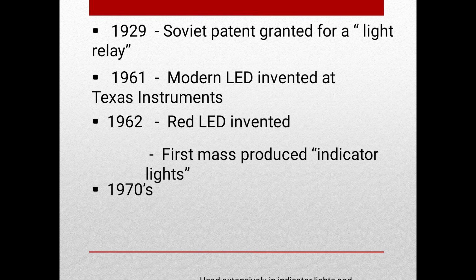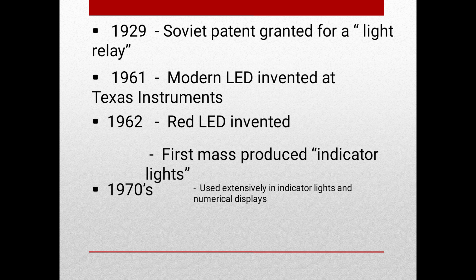After that, in the 1970s, it was used in vertical displays. We see it in traffic light indicators and various industry purposes. If there is an alarm, or fuses in poles, that is also an LED.